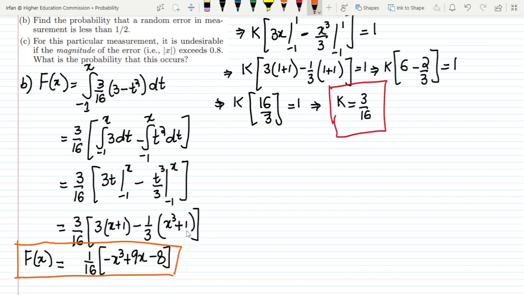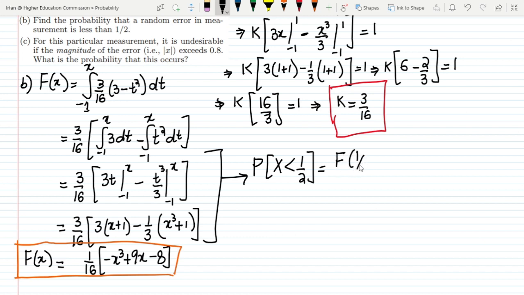Okay, so in order to find the probability that a random error in measurement is less than 1 by 2, what do we have to do here? I have to find the probability that the random error x is less than 1 by 2, and this is f of 1 by 2. So let me put the values in this f of x.